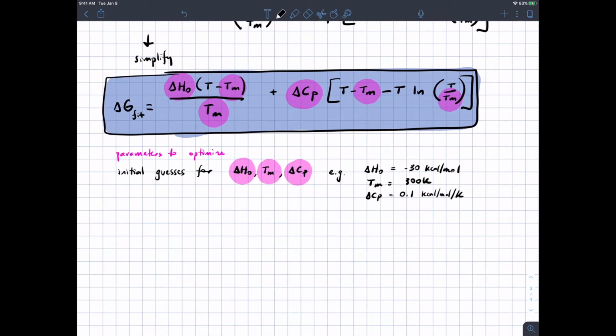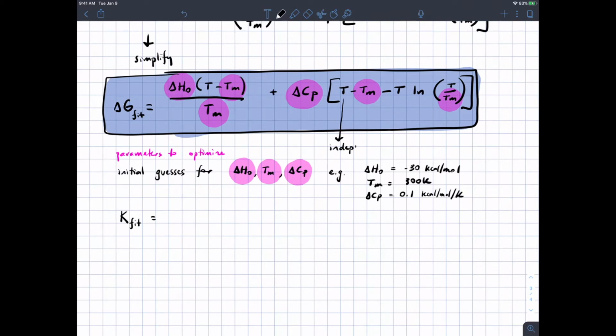So based on those initial guesses, you're going to calculate a delta G fit in blue, highlighted above, and then based on that delta G fit, you can calculate an equilibrium constant. And here, what is temperature?